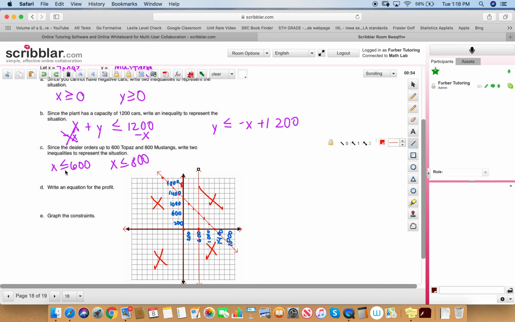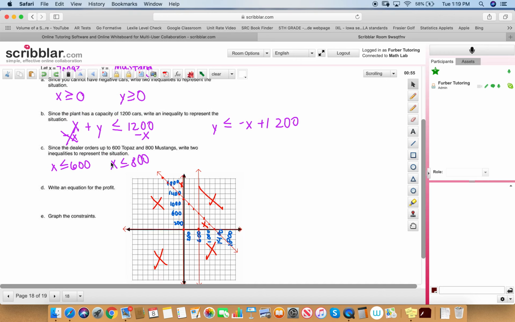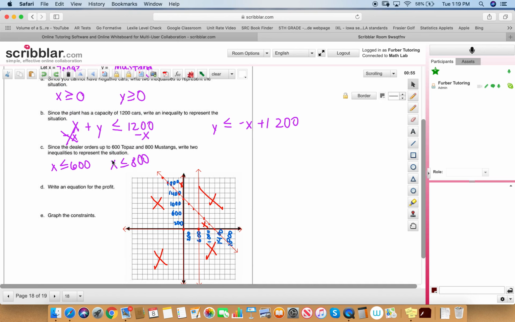It says less than. Well, if that's on the x-axis, it's either going to be to the right or to the left, but to the right is greater than 600 Topaz. So that's going to limit this one, and now I'm in this other strange trapezoid-looking region. Then I have to make this one, it's supposed to be a Y, sorry, whoops.